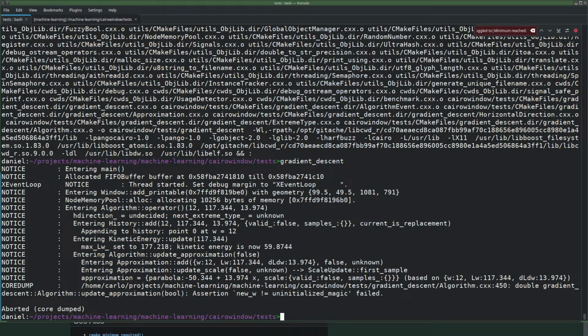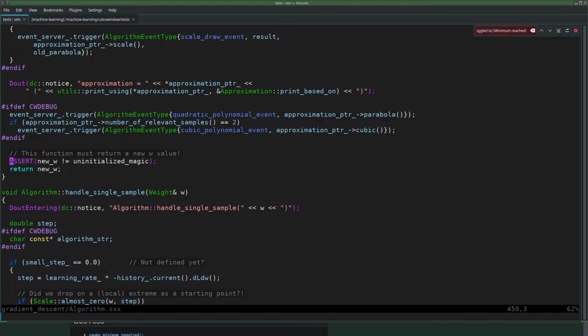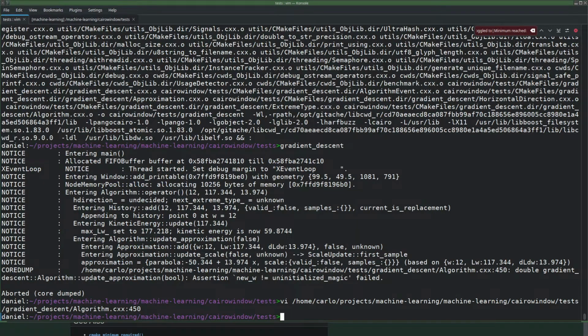Uh-oh. The very first call. So this is being entered and then it tries to return something that is uninitialized, really.